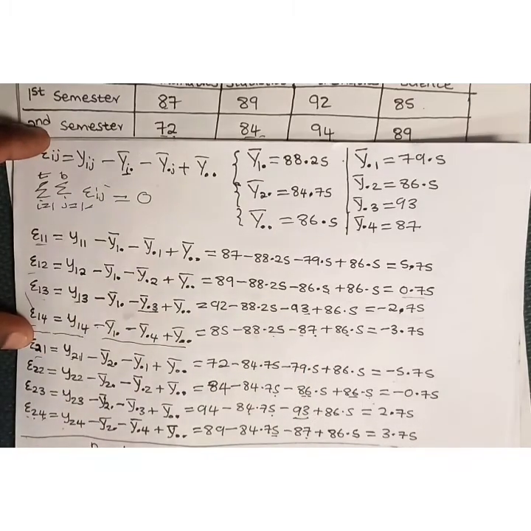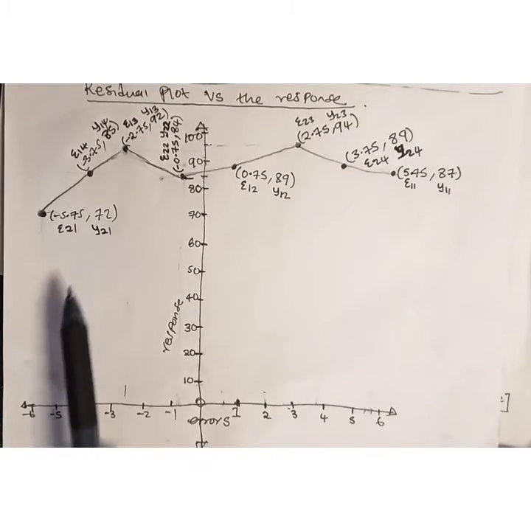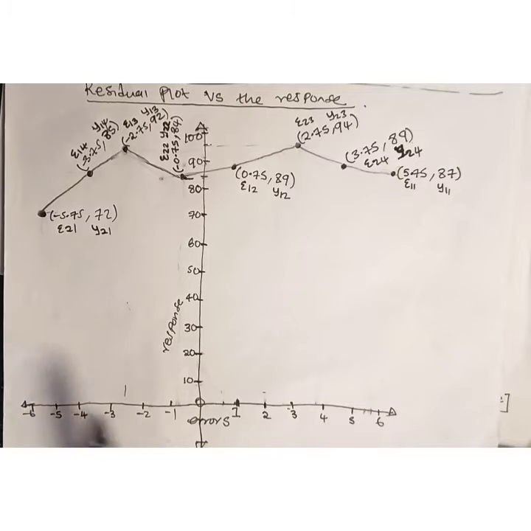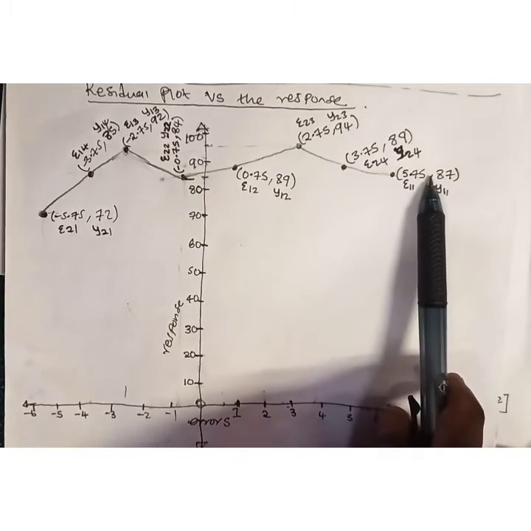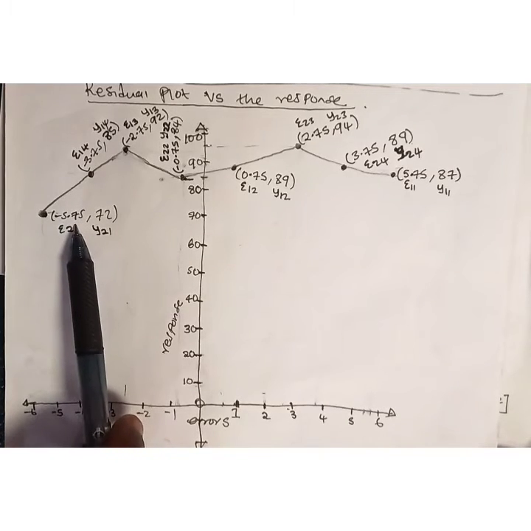Under our plot, we are going to plot our response on the y-axis and our errors on the x-axis as follows. This is the plot which I'm talking about. If you recall, under our errors, our highest value was 5.75 and our lowest value was negative 5.75.